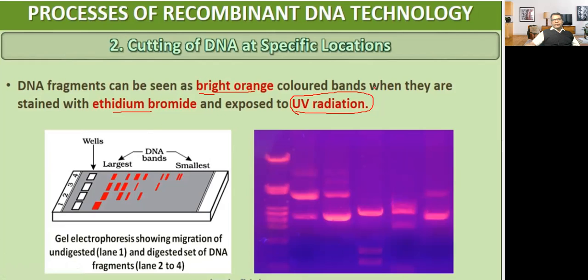Sometimes the question is asked to name the chemical used to stain DNA fragments. The answer is ethidium bromide. What is the color of this DNA fragment? Bright orange. Under which radiation are they seen? Ultraviolet radiation. We will not be able to see these bands under a light microscope.